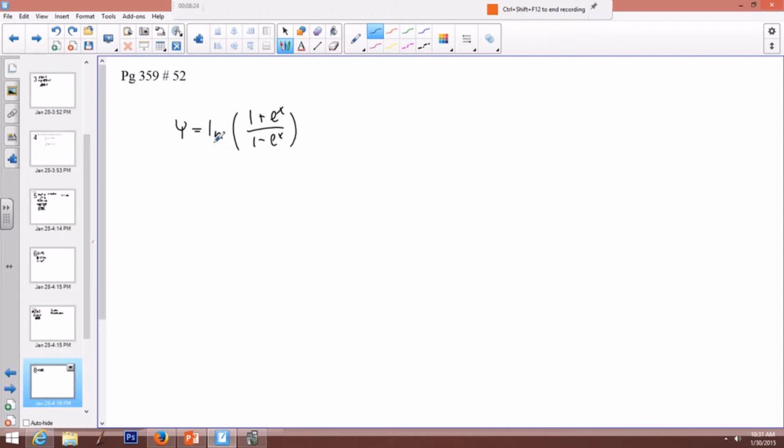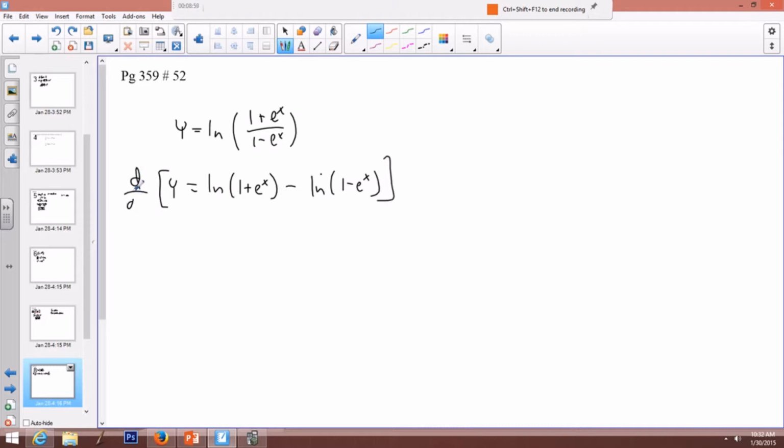And so I'm going to use that property of logarithms and do it right this time, where I say it's the ln of 1 plus e to the x, and then it's minus ln of 1 minus e to the x. And so doing the derivative, and again, we have a composition of functions. We have ln of some function here, and then minus the ln of another function. So we have to use the chain rule version of the ln derivative rule.